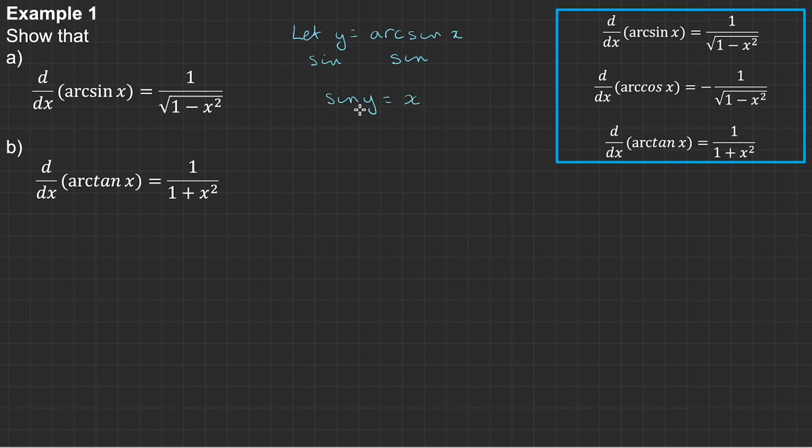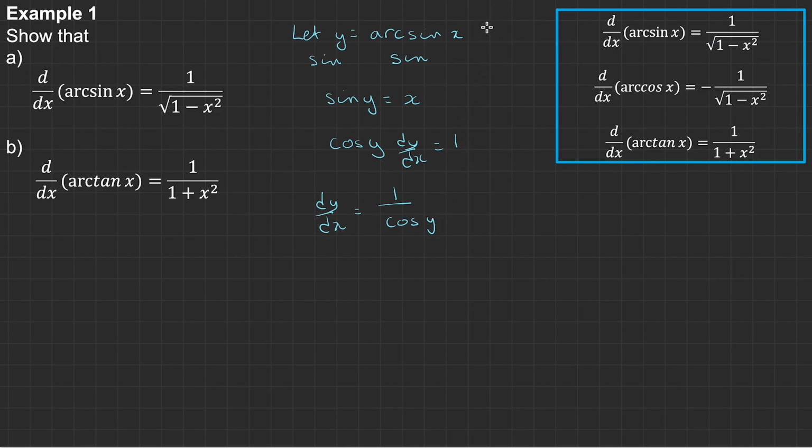And now we're going to differentiate both sides. So we'll have implicit differentiation on the left side. So this becomes cos y dy by dx is equal to 1. We can rearrange this now to make dy by dx the subject. So dy by dx is 1 over cos y.